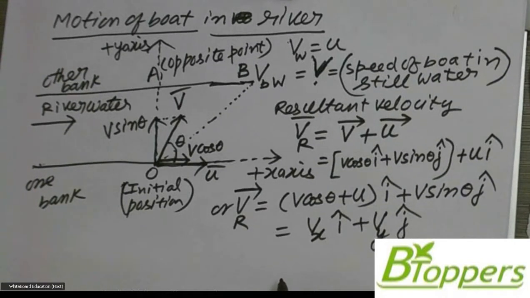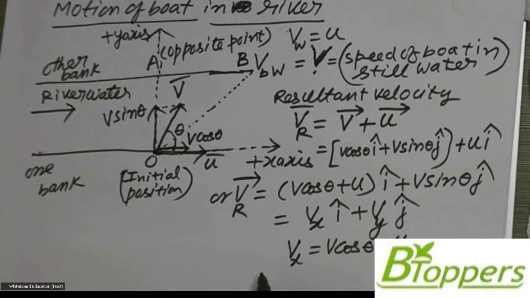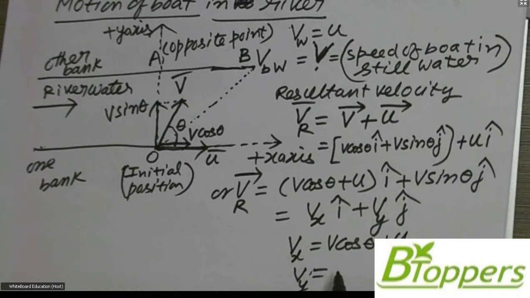Here Vx represents the x component of the resultant velocity, which is equal to V cos theta plus u. Vy is the y component of the resultant velocity, which is equal to V sin theta.